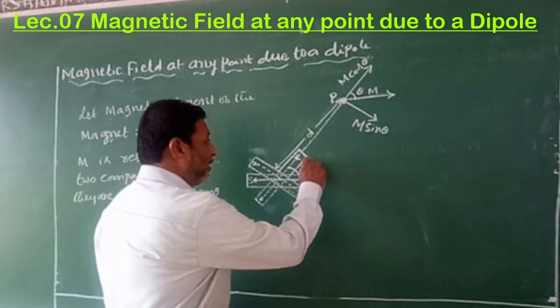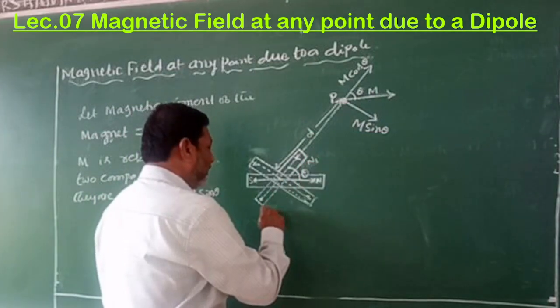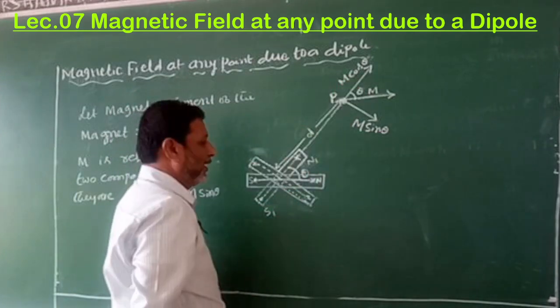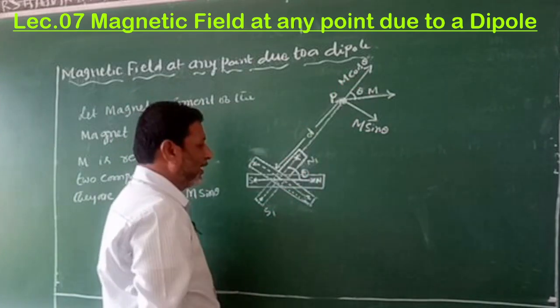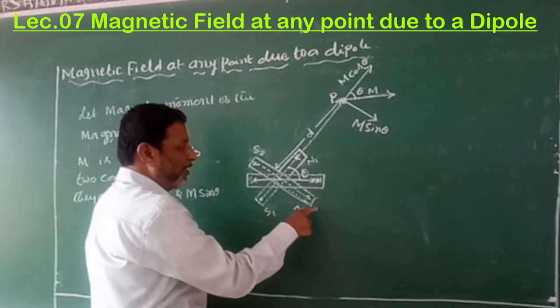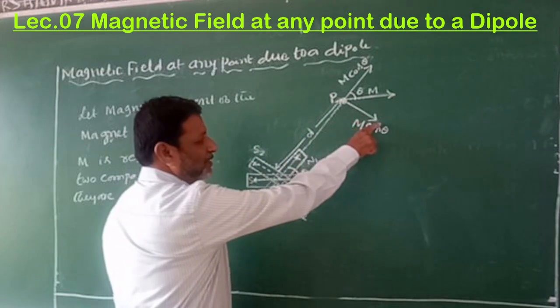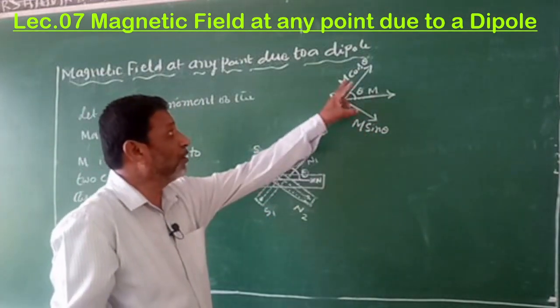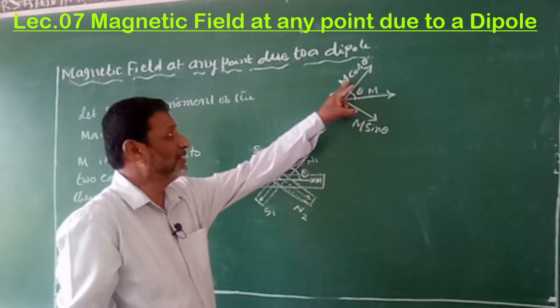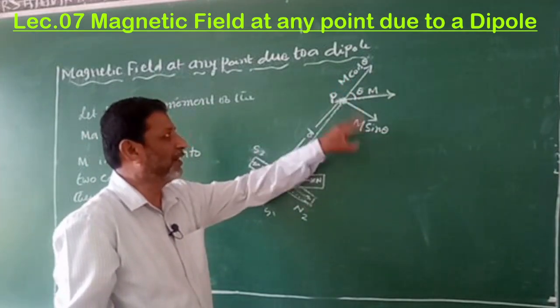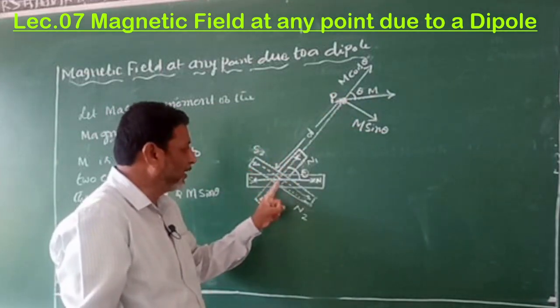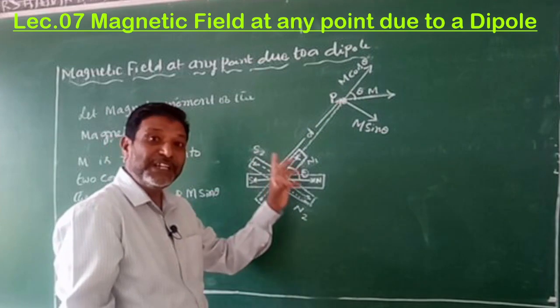One is N1 S1, with magnetic moment m cos theta, and another magnet N2 S2, with magnetic moment m sin theta. Since m cos theta and m sin theta are perpendicular to each other, these two magnets are also perpendicular to each other.